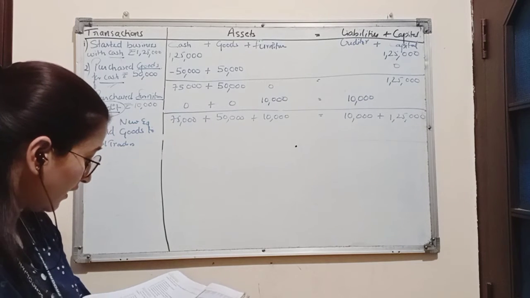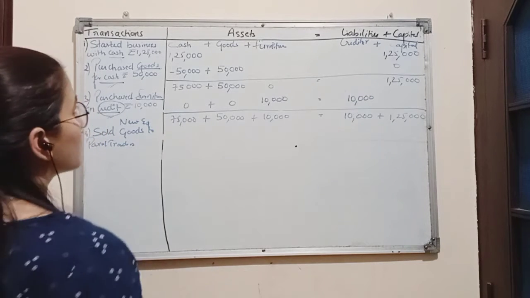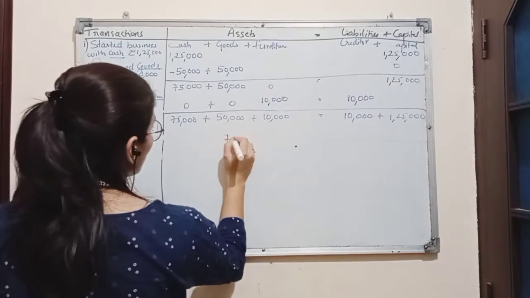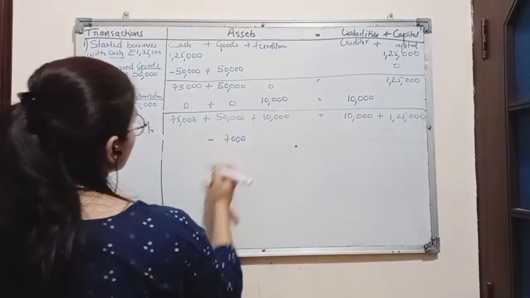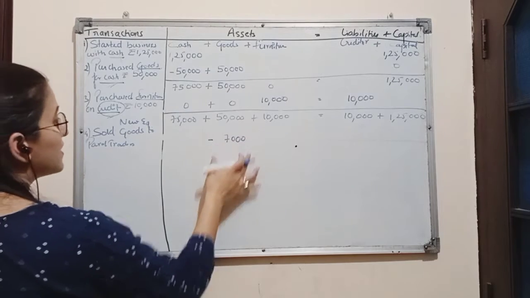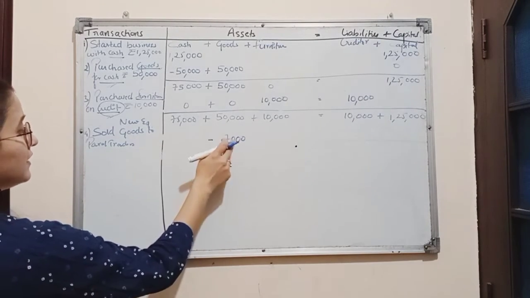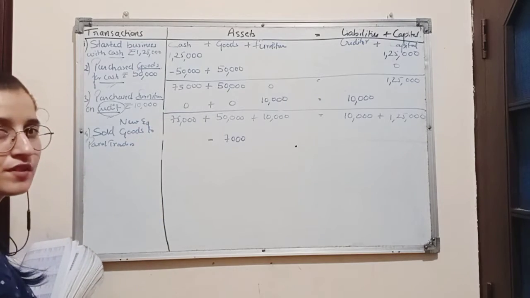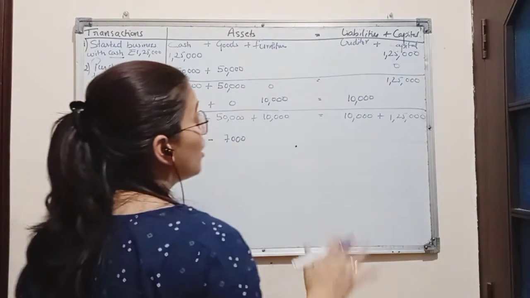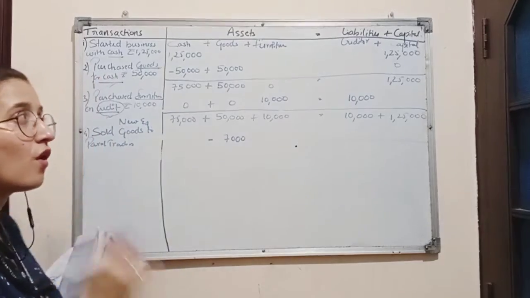Now goods amounting to rupees 7,000 have been sold. So we will deduct this amount from goods because this amount of goods has been reduced. And these 7,000 goods have been sold for rupees 9,000 on credit.